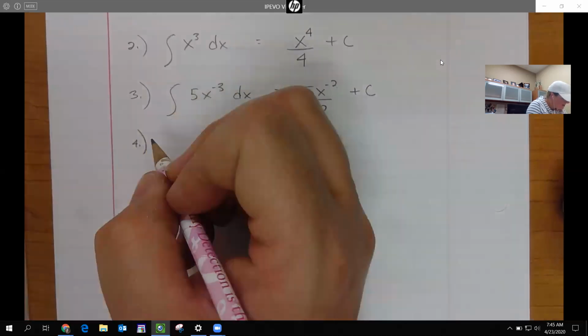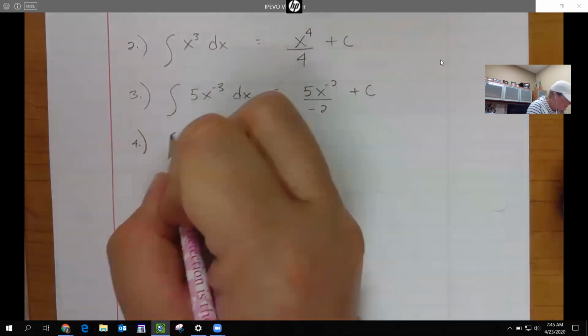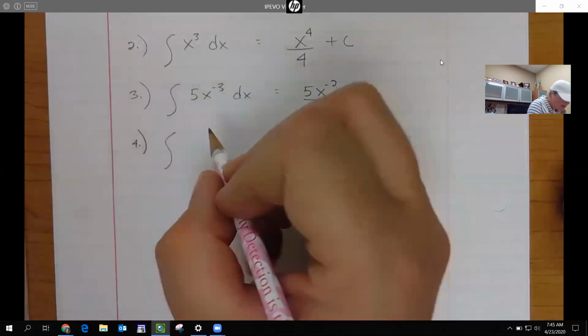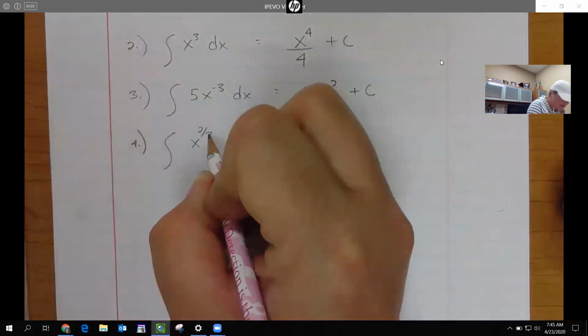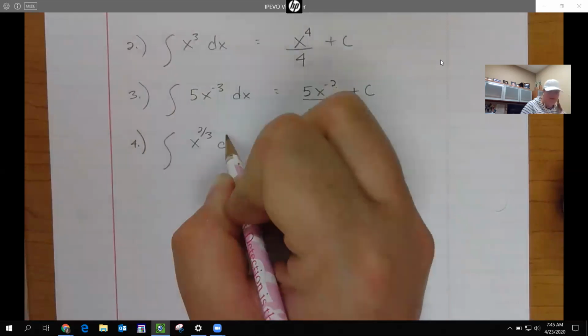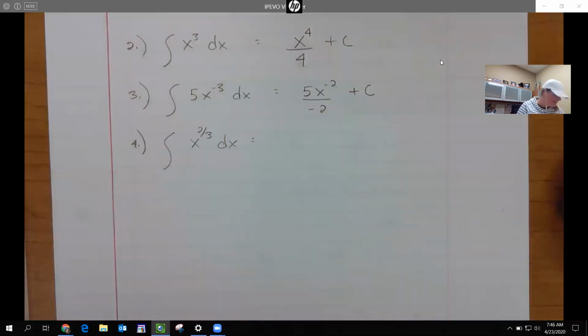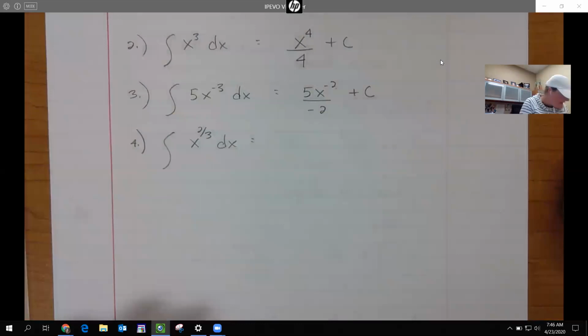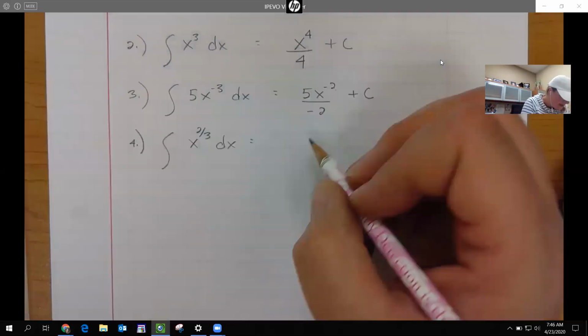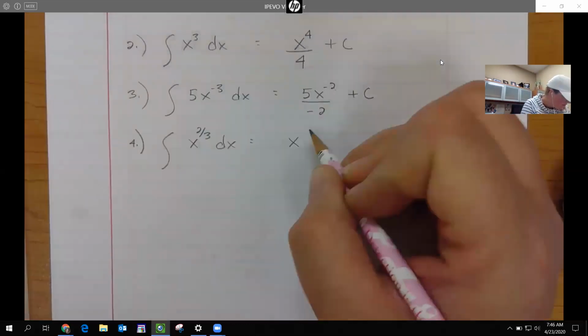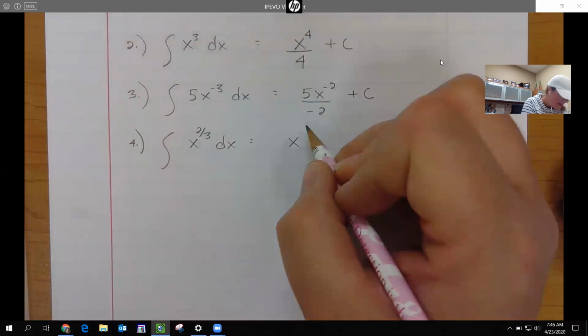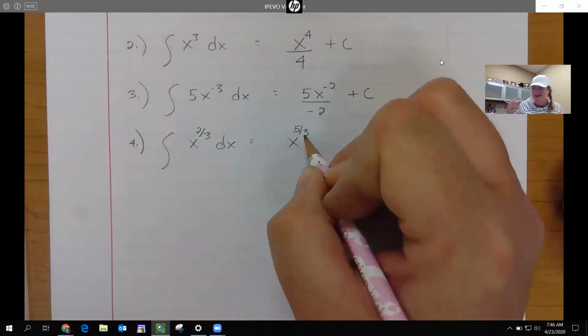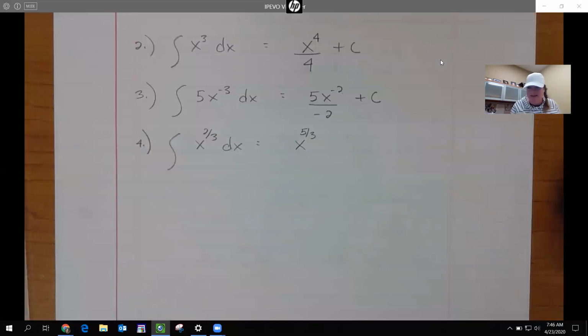All right, what if I have a fraction? x to the 2/3 dx. So what would happen to the fraction? Still adding 1. Okay, so the fraction, it's going to become x to the 2/3 plus 1 is 5/3. You add another 3 on the top because 3 makes a whole.